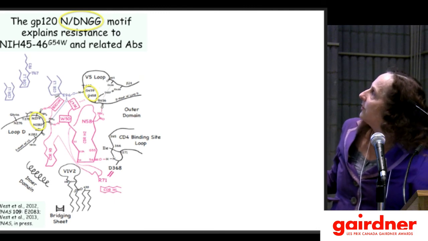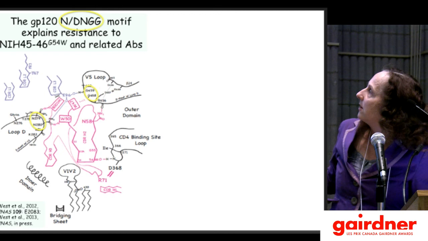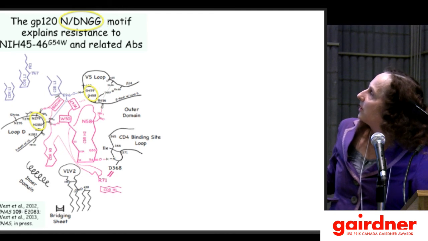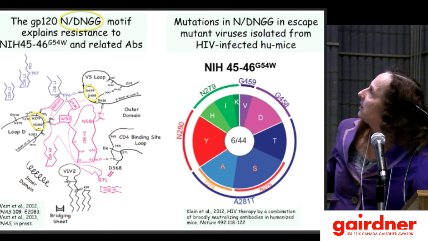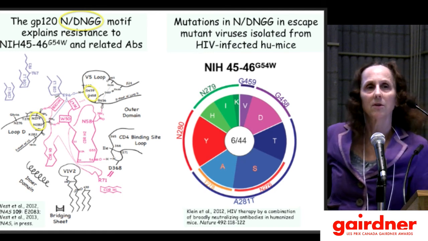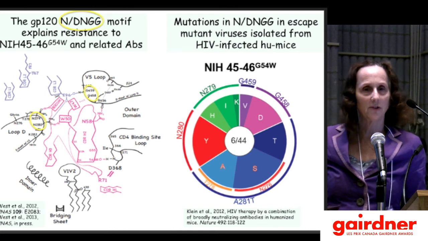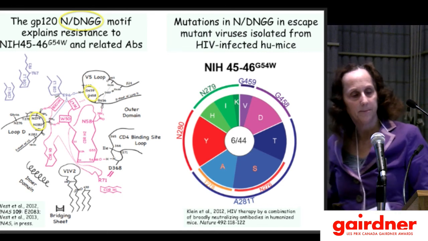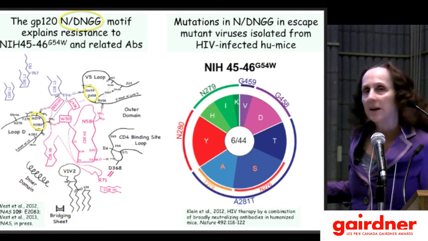Okay, so now, does this route of mutation really matter? What Michel Nussenzweig's lab did was to introduce NIH 4546W into mice that had a humanized immune system and had been infected with HIV.